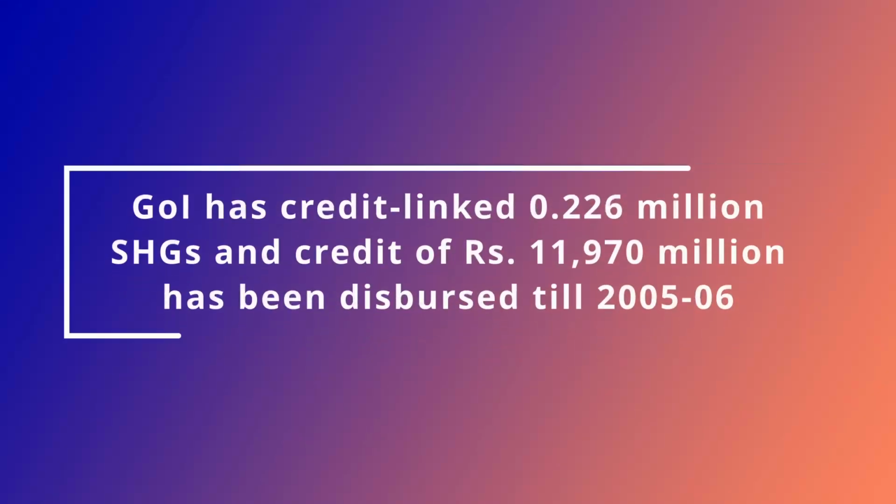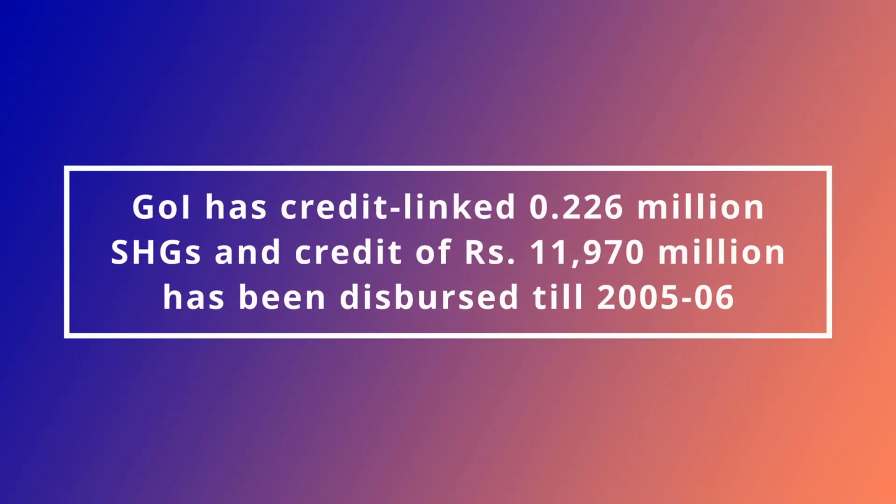If we focus on the Swarna Jayanti Gram Swarojgar Yojana, the government has credit linked almost 226,000 self-help groups, and 11,970 rupees has been credited through those self-help groups.